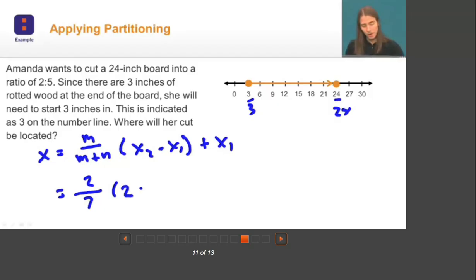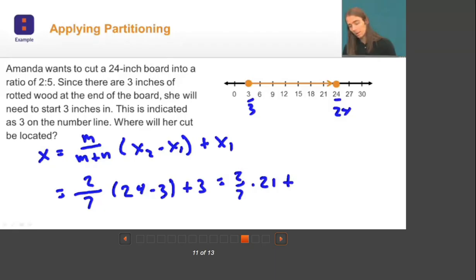So that'll give me 24 minus 3, and then we add on 3. Simplifying this, I get 2/7 times 21 plus 3, which simplifies down to 9, which means that her cut will be located right here at 9 along that directed line segment.